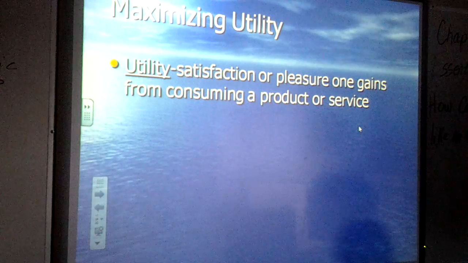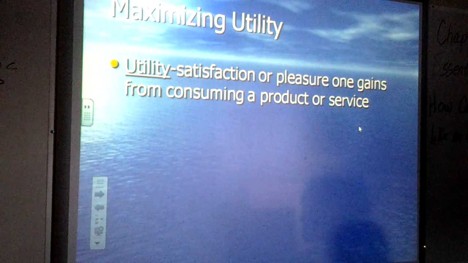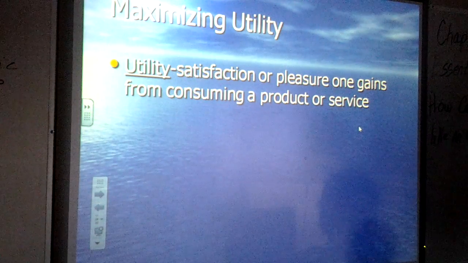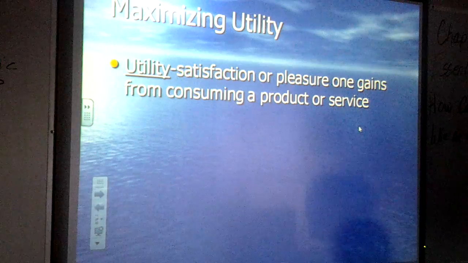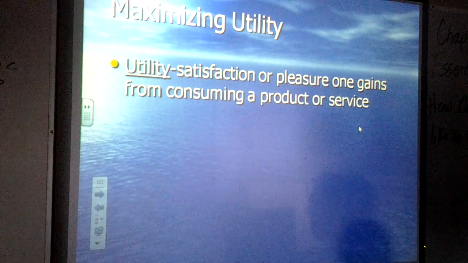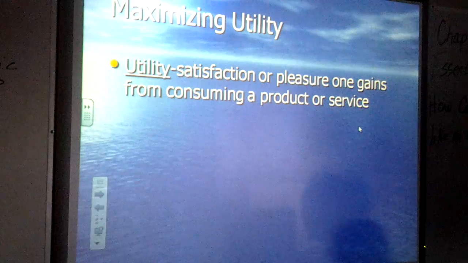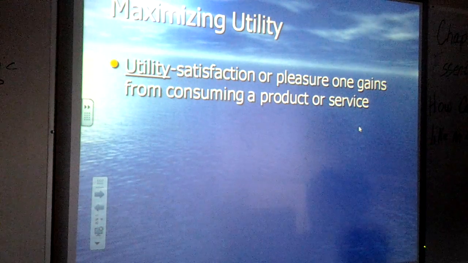Going to a concert or a movie, or buying a Mountain Dew or a computer. Is it worth it to you? Do you get enough satisfaction to where it's worth it to you? Instead of just saying happiness, in economic terms, it's called utility. How much utility do you get from consuming something?